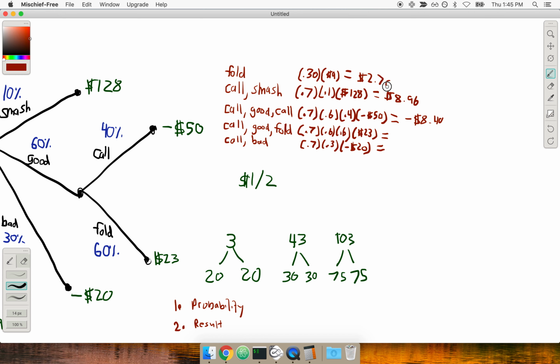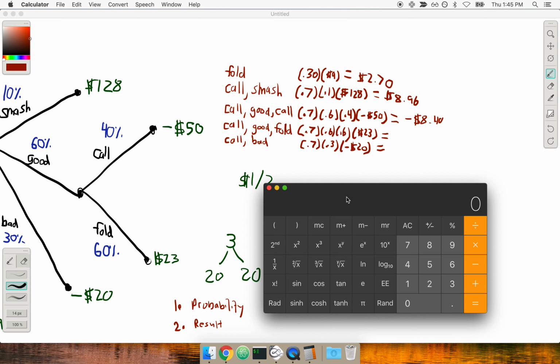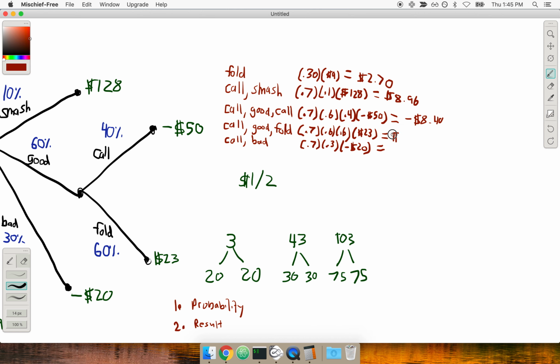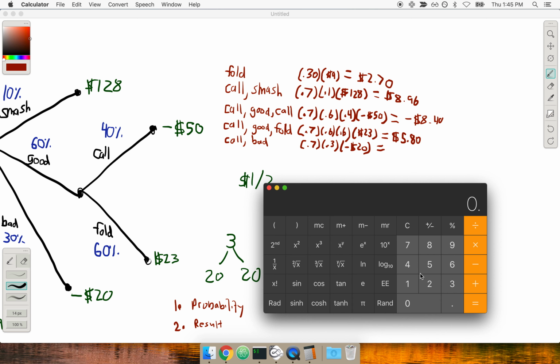Okay, so now the fourth one, 0.7 times 0.6 times 0.6, times 23. That's 5.796, I'll just do 5.8. Now finally, we have 0.7 times 0.3 times negative 20, I'll do times 20. So negative 4.2.